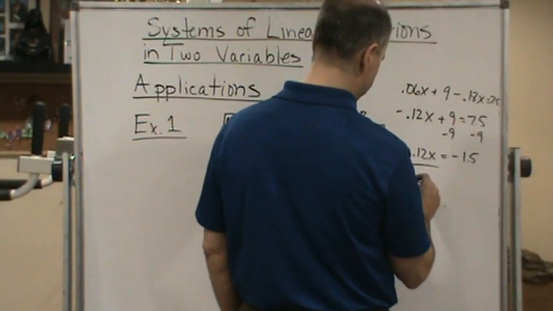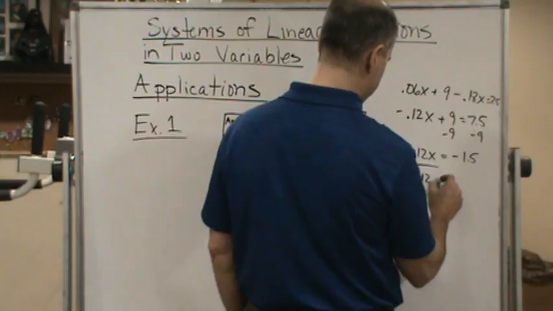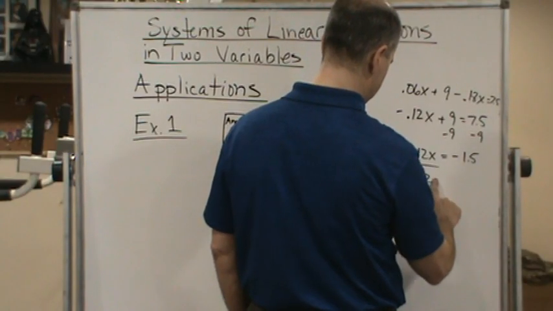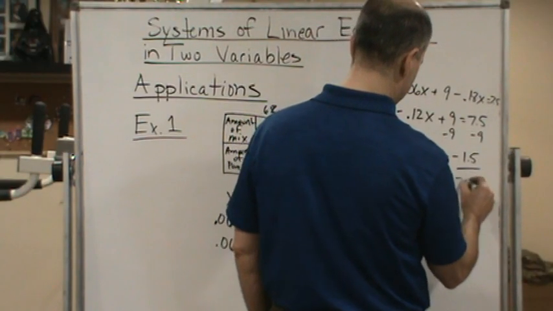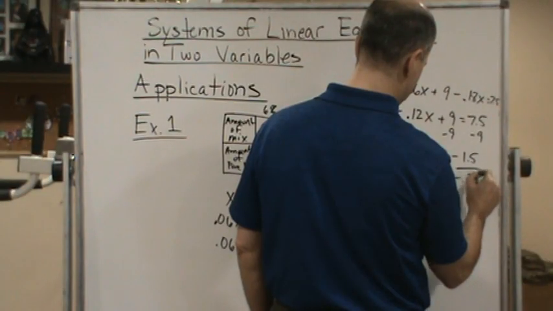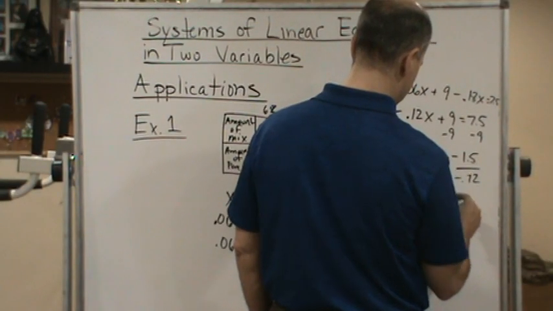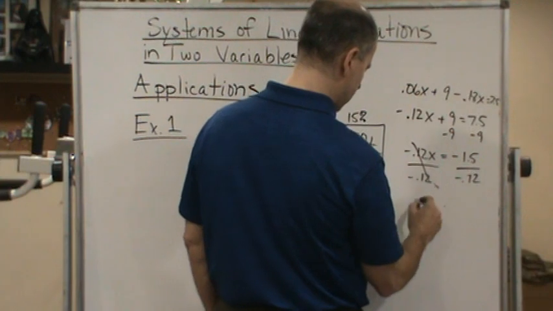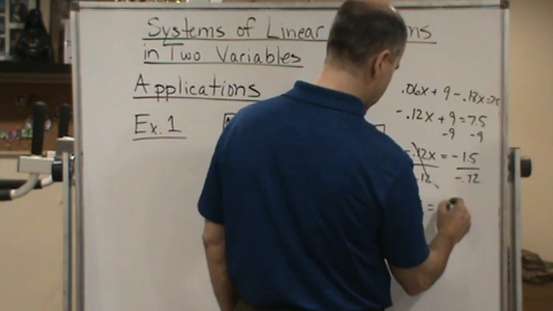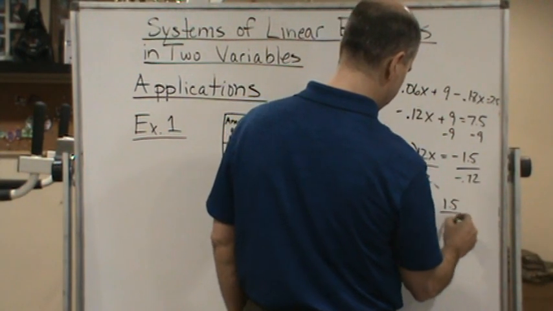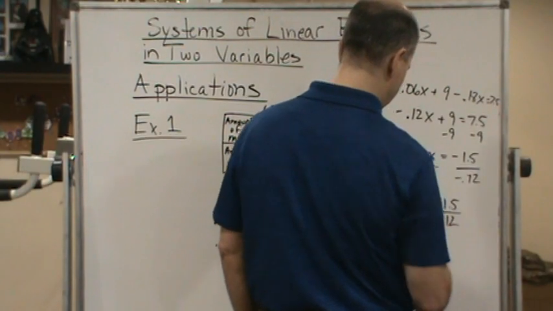And so if I divide both sides by negative 0.12, I get x equals 1.5 divided by 0.12.